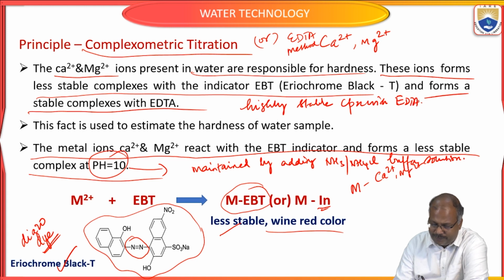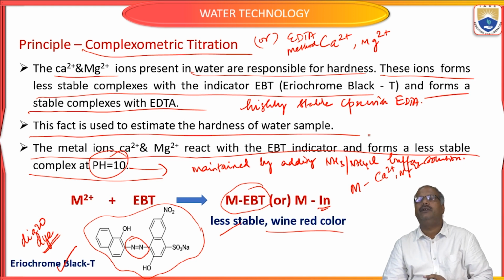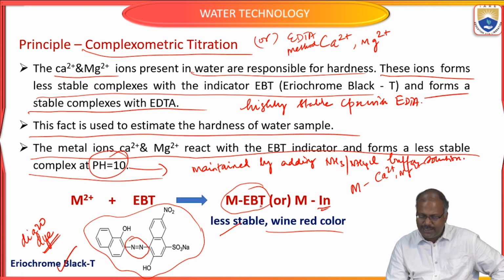That's why we are using this fact to estimate the hardness of a water sample. It forms a weak, less stable complex with indicator, whereas a strong, highly stable complex with EDTA.